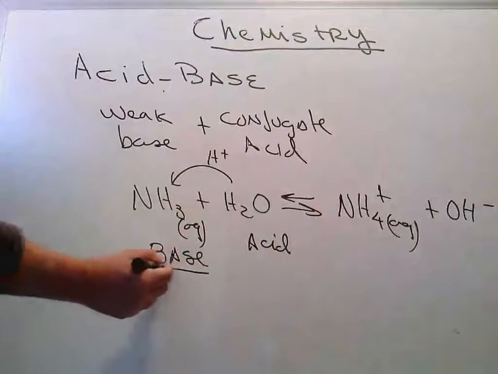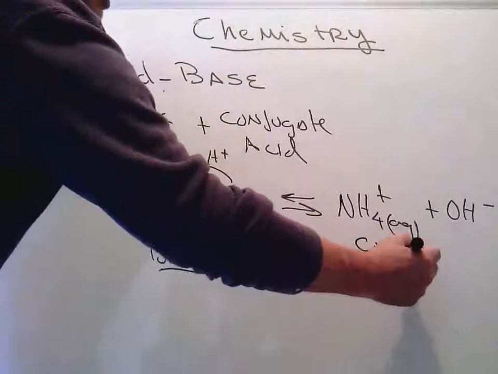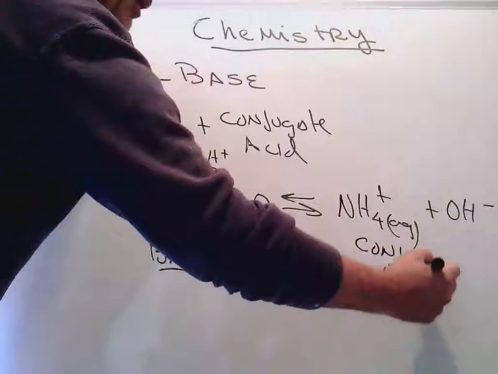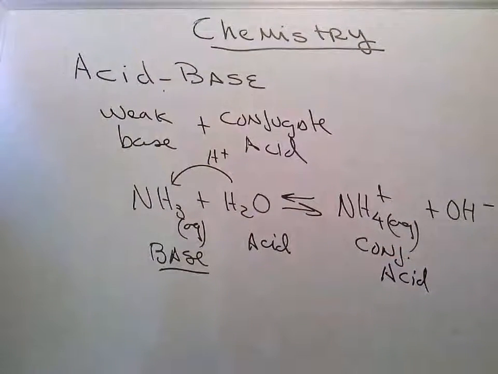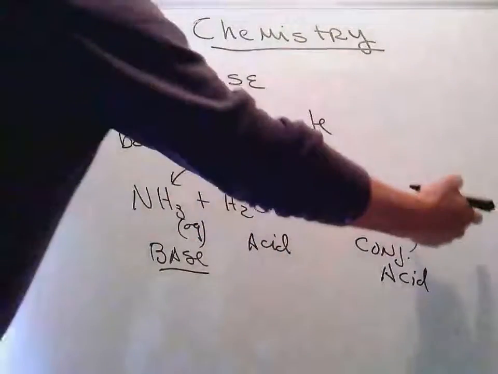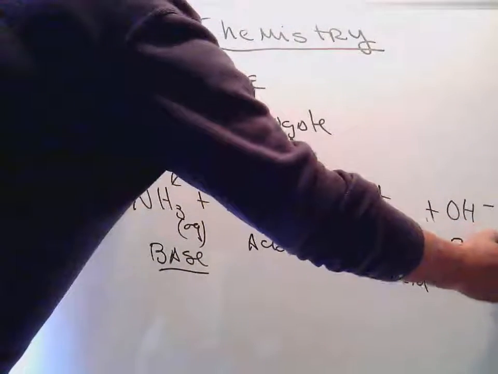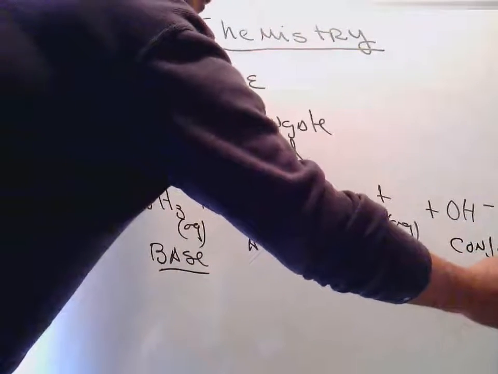So this is a base, and that will produce a conjugate acid. And that will be the combination that gives you a buffer solution. Water is acting as an acid, and the ion produced by the water will be the conjugate base.